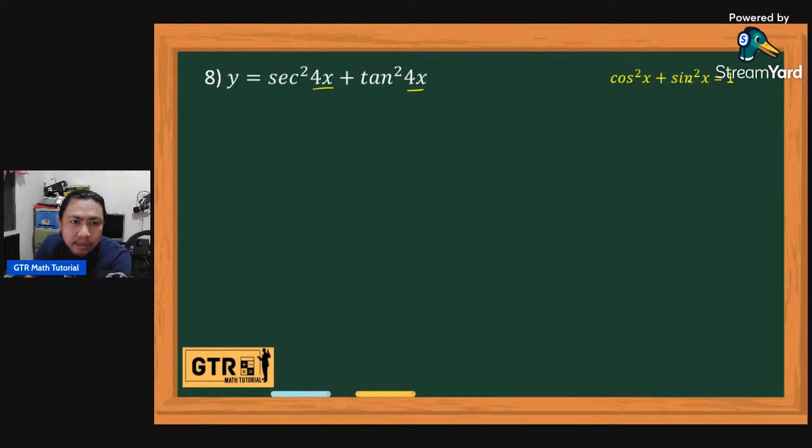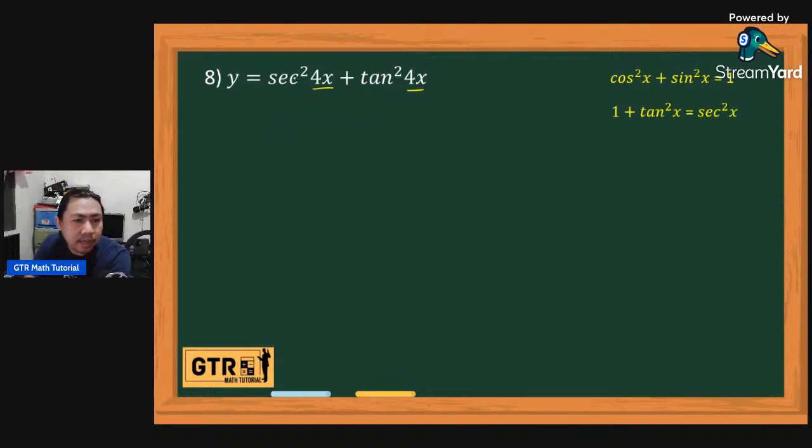Sine squared x divided by cosine squared x is tangent squared x, equals 1 over cosine squared x, that is secant squared x. So this is the identity for secant squared x. We can use the identity for secant squared x or the identity for tangent squared x. That will give us the same answer.